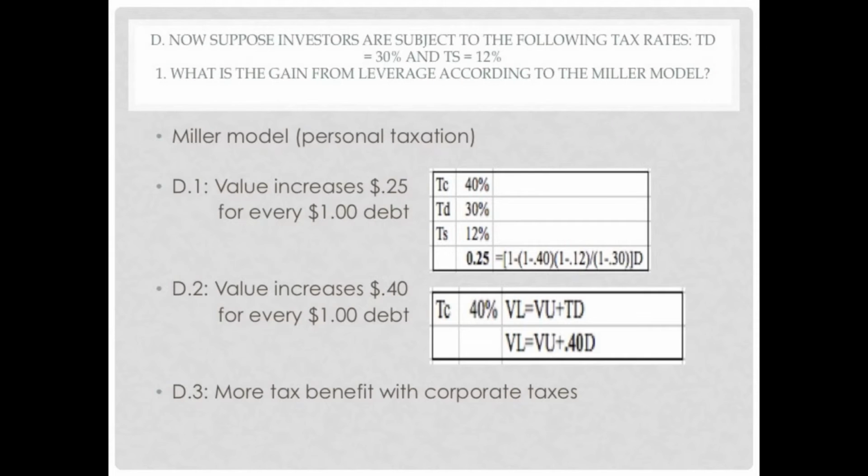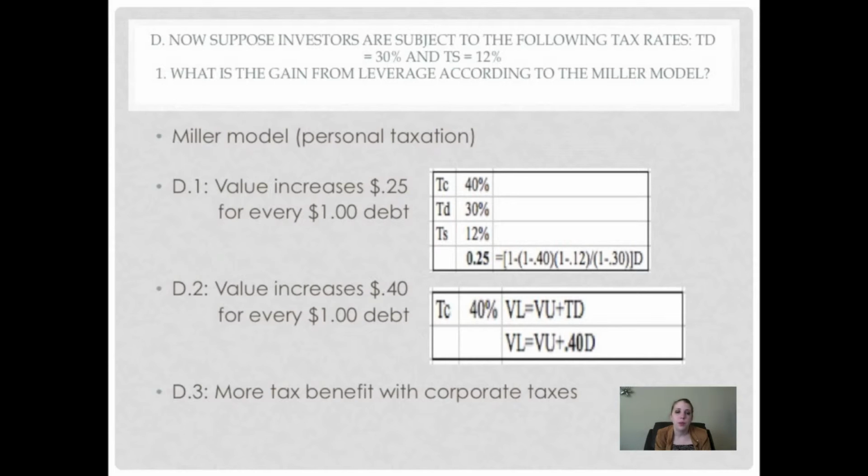So question D asks us to use the Miller model and take into account those personal taxation values. So for number 1, we look at the personal tax, and we end up calculating that for every dollar of debt added, the value of the company increases by 25 cents.